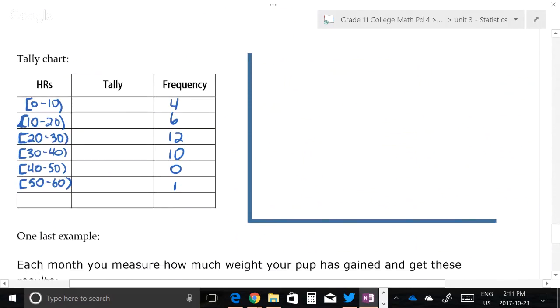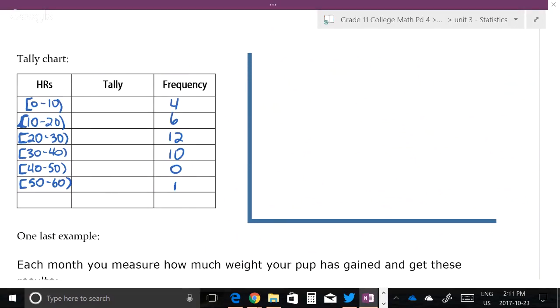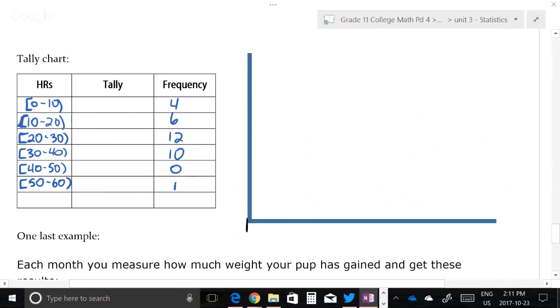How am I going to turn this into a histogram? What do I have to do with my axes here? What's going to go on the bottom? So what should my next tick be? 0 to... Yep, next. Good.